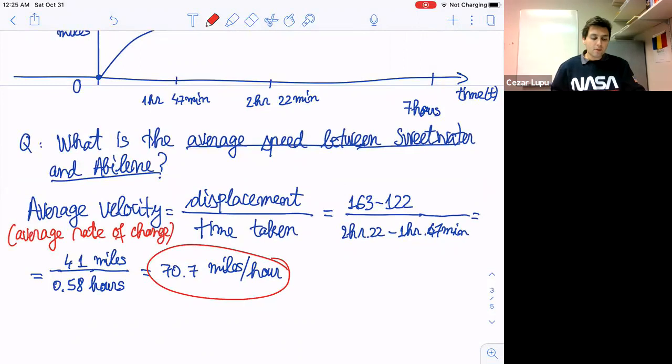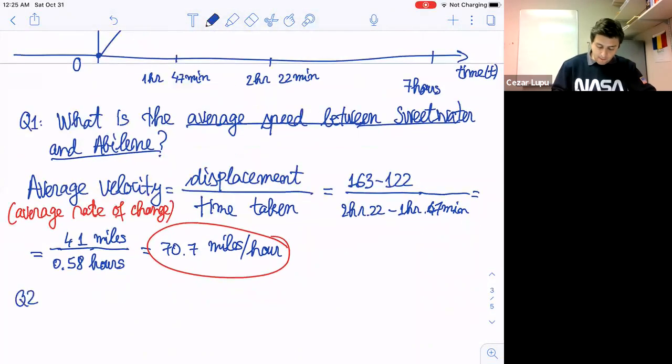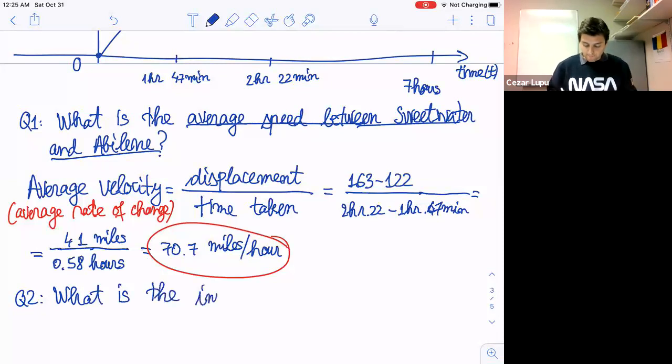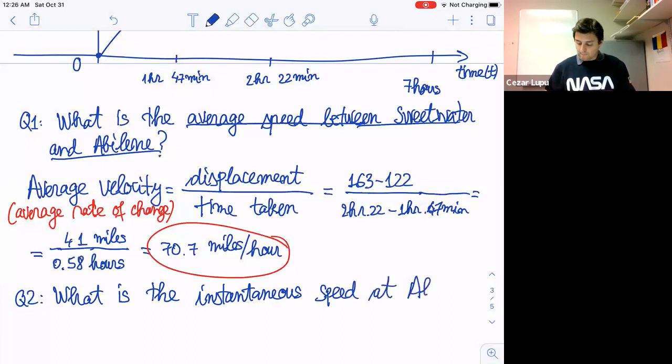Right? Okay. But now what if I ask you another question? So that's the first question. Now let's see the second question. I asked about the average velocity, but what if I ask you about the instantaneous speed at Abilene, for example? So what is the instantaneous speed at Abilene?